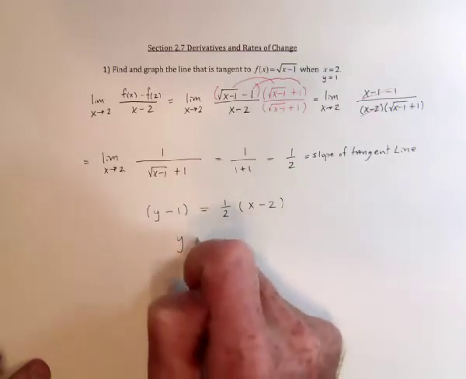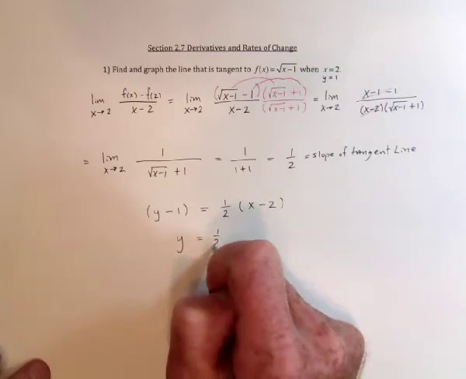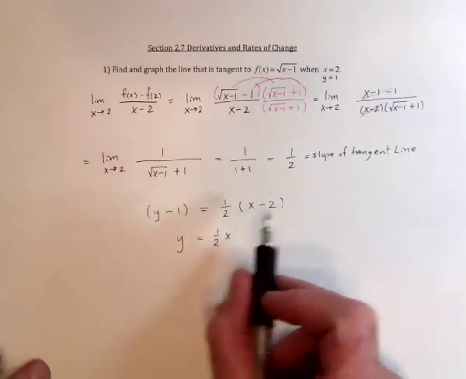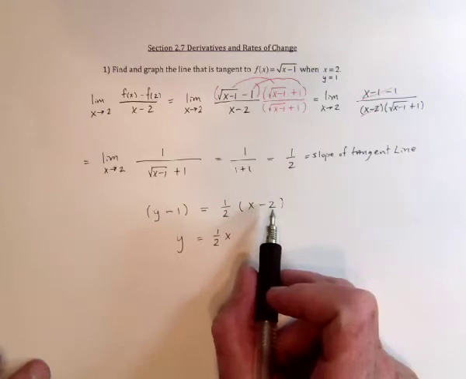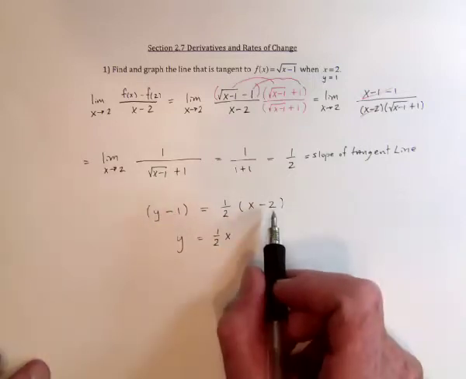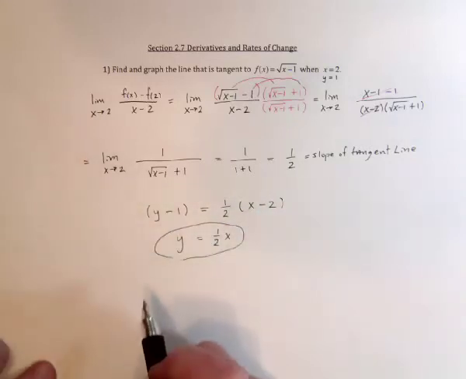And then if we simplify and put it in slope-intercept form, it would look like 1/2 x, and then if we distribute this, it's going to be a negative 1. And if you add this to the other side, it would become a positive 1, which is going to cancel that negative 1. So it looks like we're done.